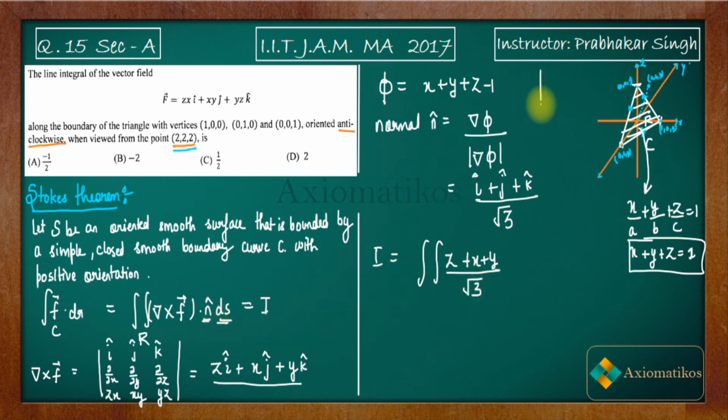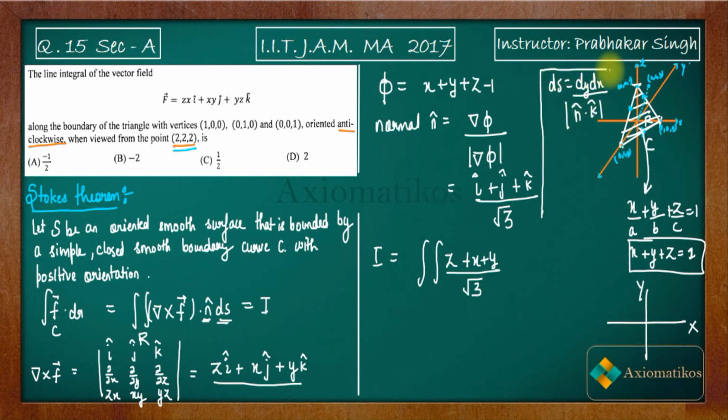So now we have to think about dS. If you want to take the projection of this plane on the xy plane, then this dS is actually given by dy dx by n cap dot k cap. Are you getting my point or not?